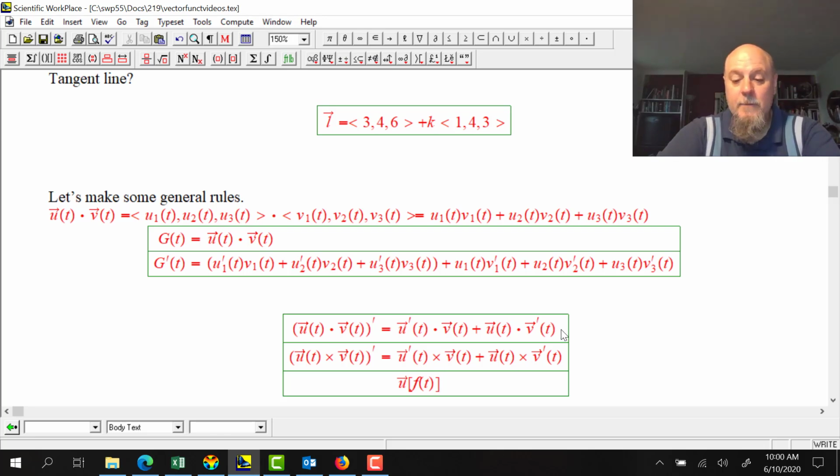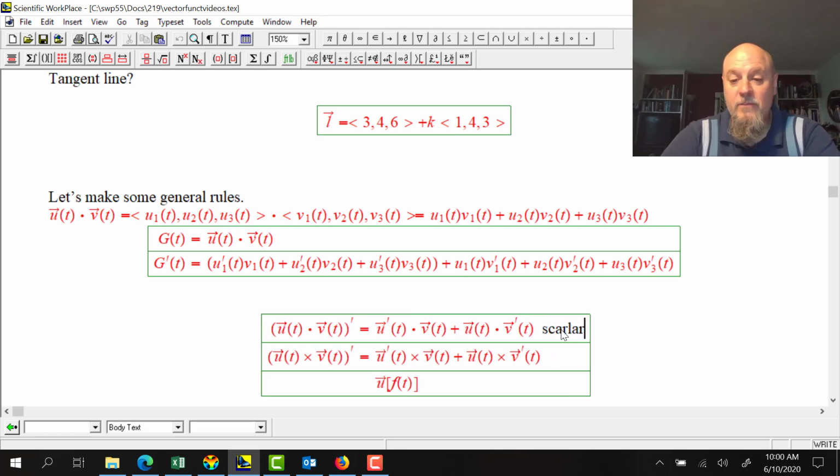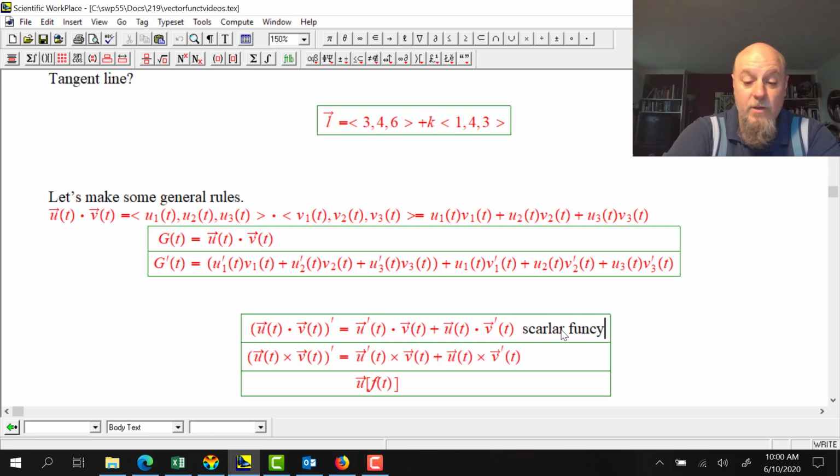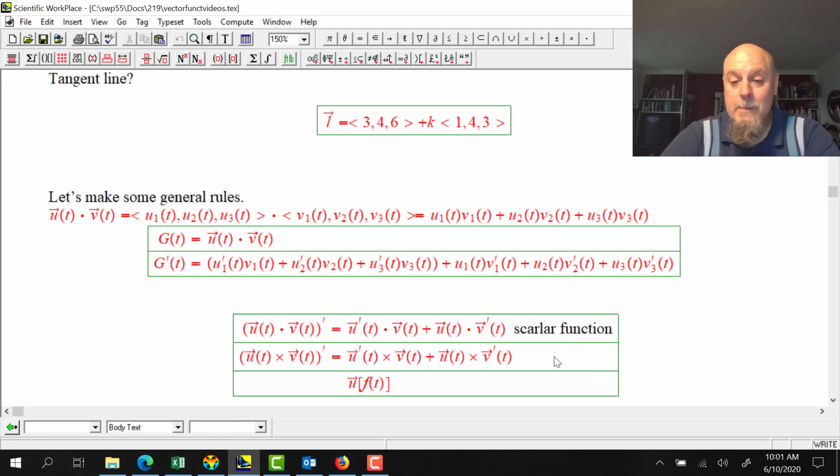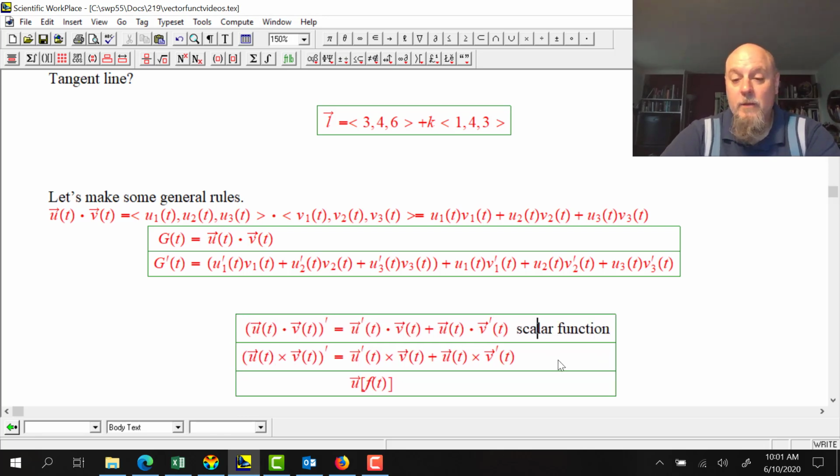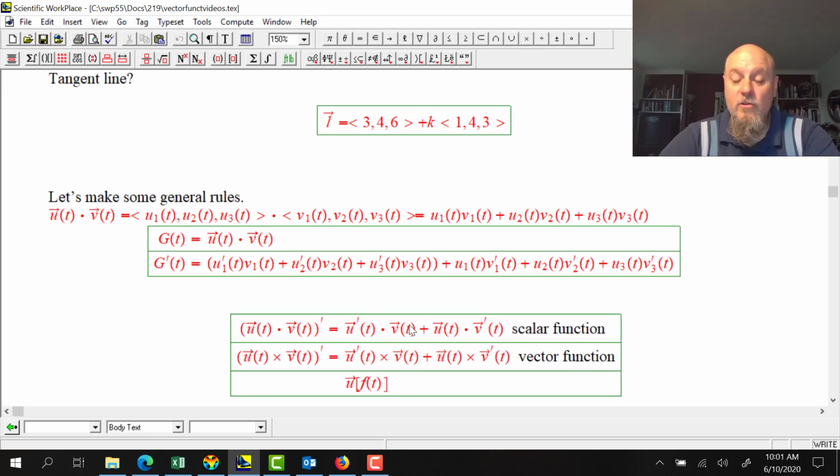I'm going to emphasize that that's a scalar function of time. And this cross product is a vector function of time. They're scalar functions and their derivatives are scalar functions. They're vector functions and the derivatives are vector functions. All right, let's look at this last rule here.